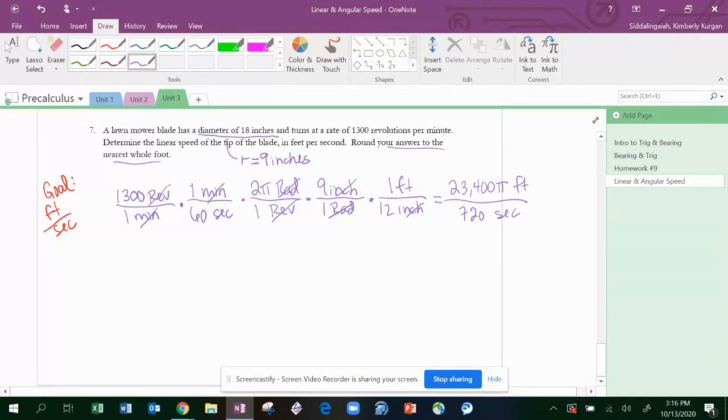So what I'm going to do is type in my calculator that 23,400, multiply it by pi. I get like over 73,000. If I divide that by 720, I end up getting 102.10, and it says to the nearest whole foot, so we're going to say 102 feet per second.